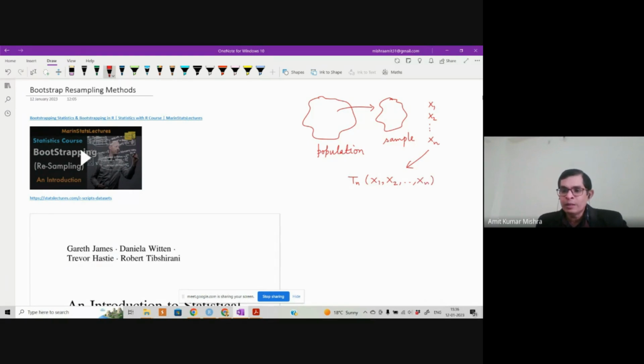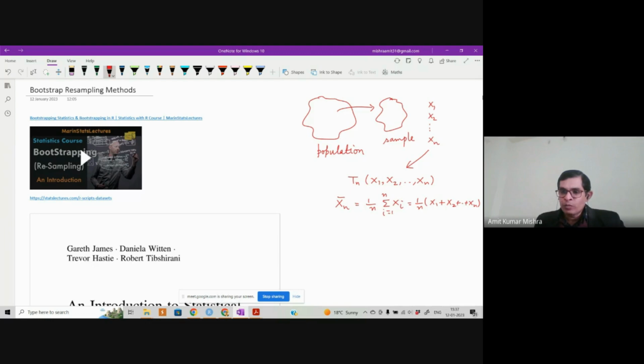For example, one of the most famous functions is the average of all these numbers, that means 1 divided by n times (x1 plus x2 plus up to xn). This is a statistic. So we take a population, from there we take a sample, and based upon the sample data we focus on some statistic.